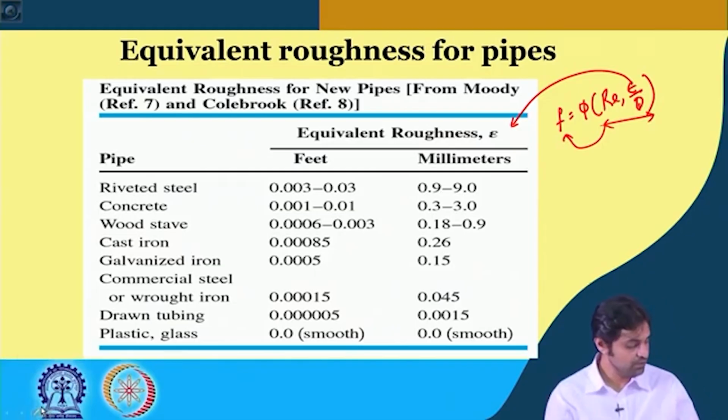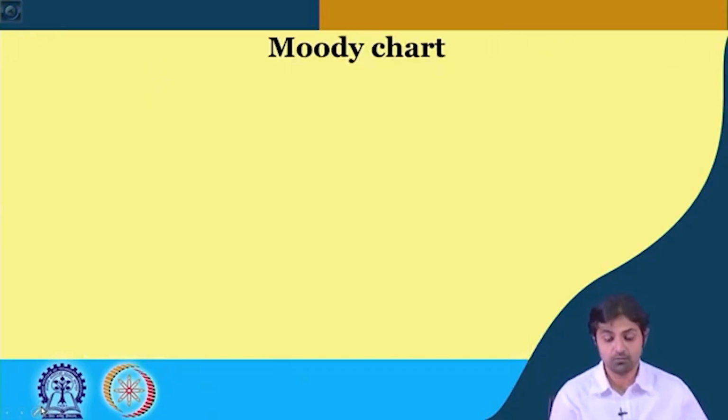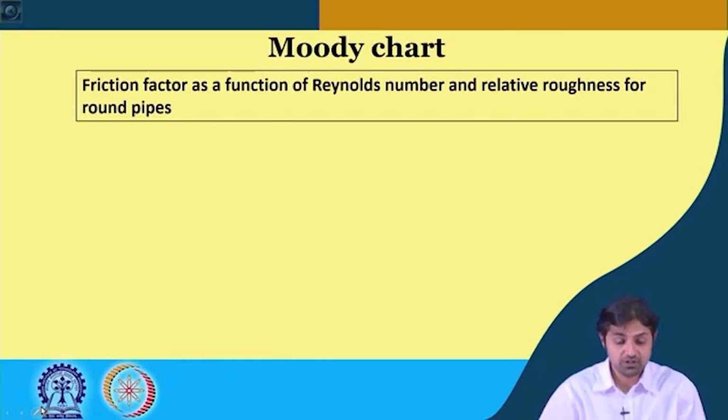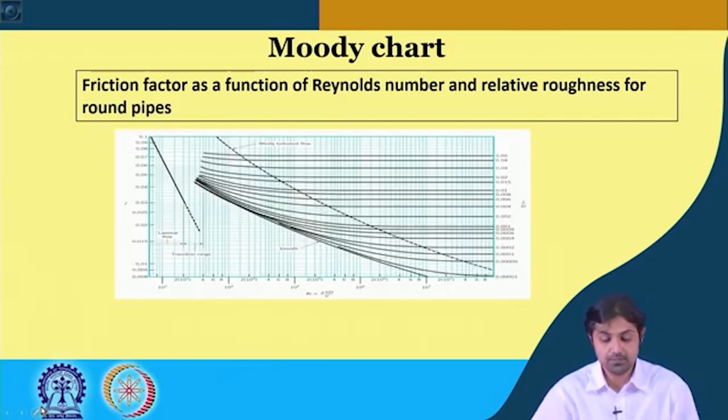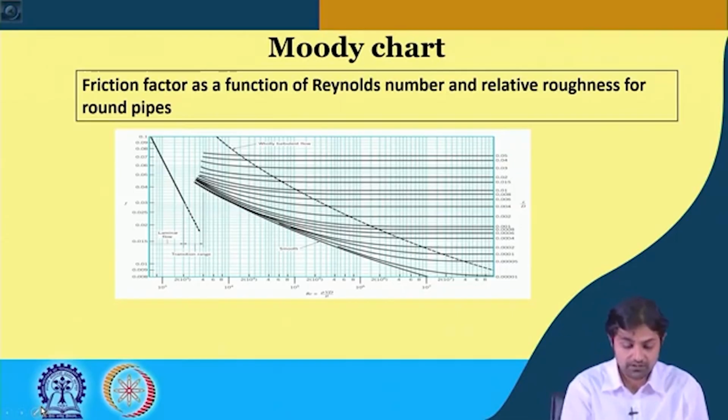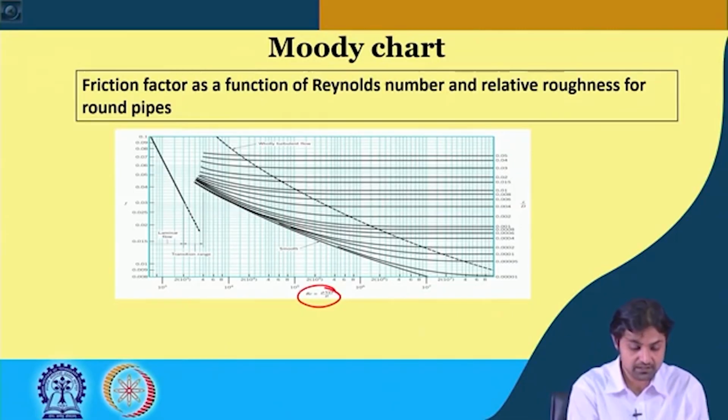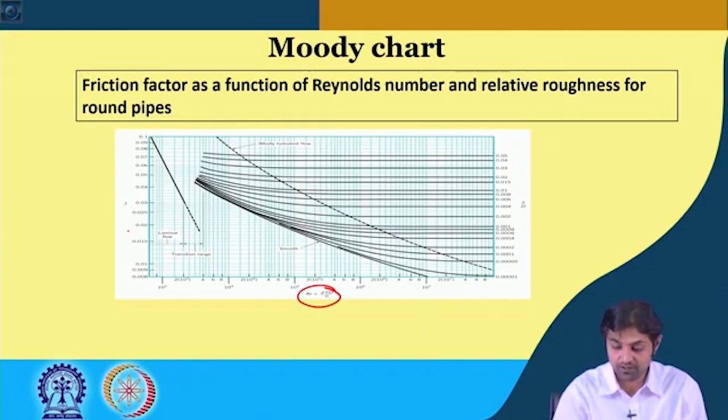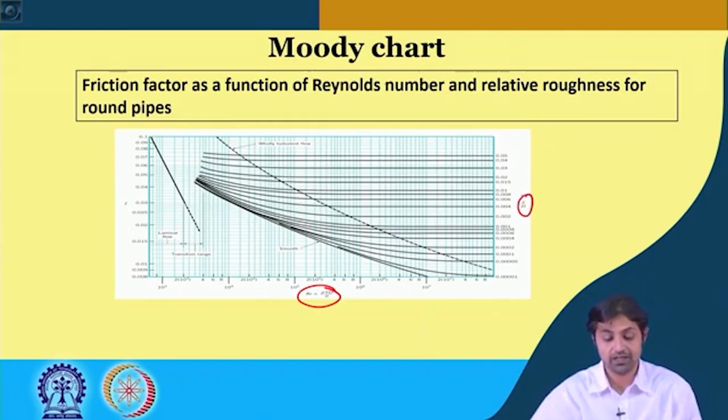Okay. So to do that, there is something called a Moody chart. Friction factor is a function of Reynolds number and relative roughness for round pipes, in a chart like this, where Reynolds number is on the x axis and f you can find out, and epsilon by d is plotted on the right.